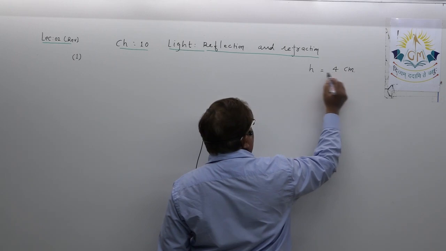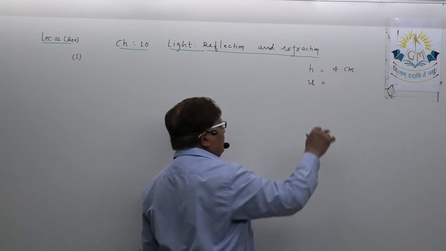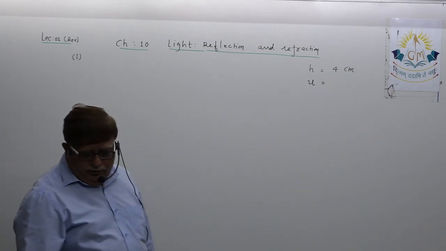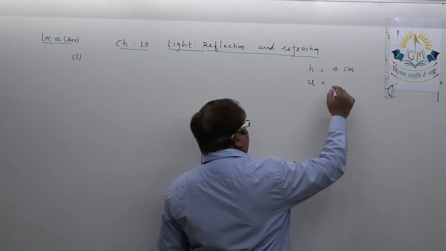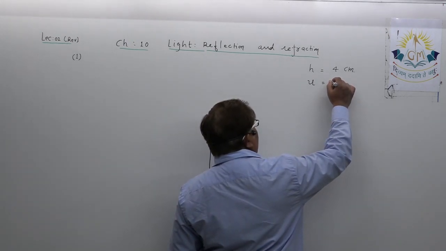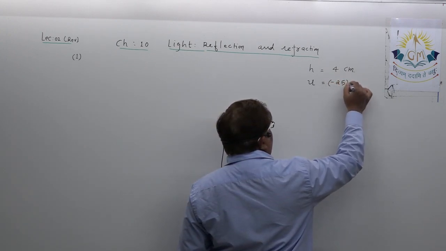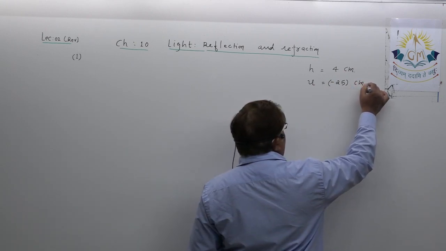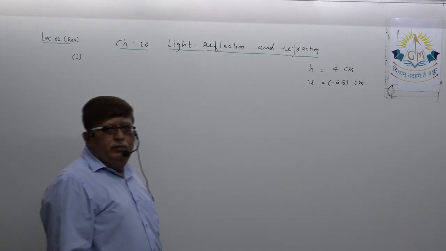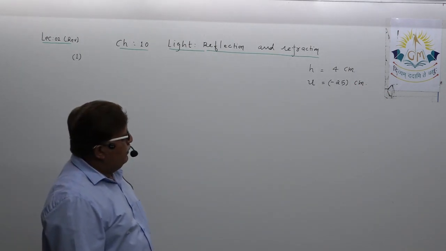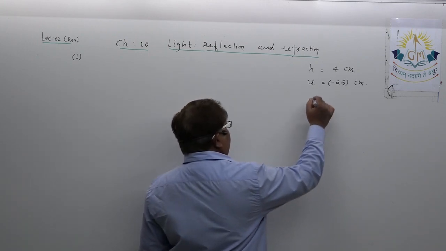Please concentrate. Object distance u: we are keeping the object at a distance of 25 centimeter, and as you all know, object distance is always to be taken negative. What is the focal length given? 15 centimeter.